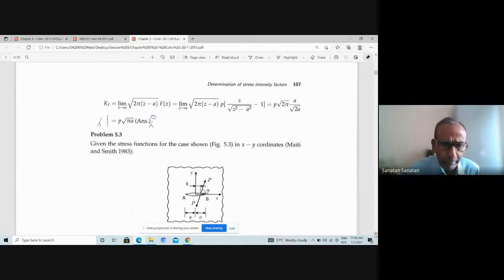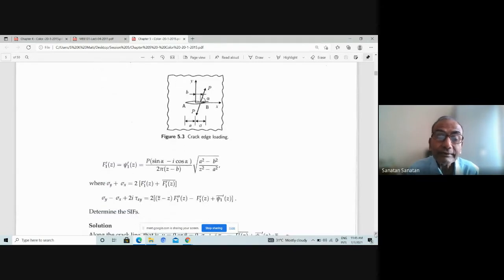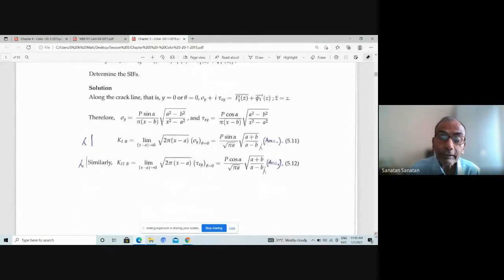Now, another example which is solved there is a loading at an angle in the two directions. In this case, it is again given in the form using stress functions F(z) and psi(z). This psi is also defined in the expression below. If you do that, then the solution for this problem can also be obtained.